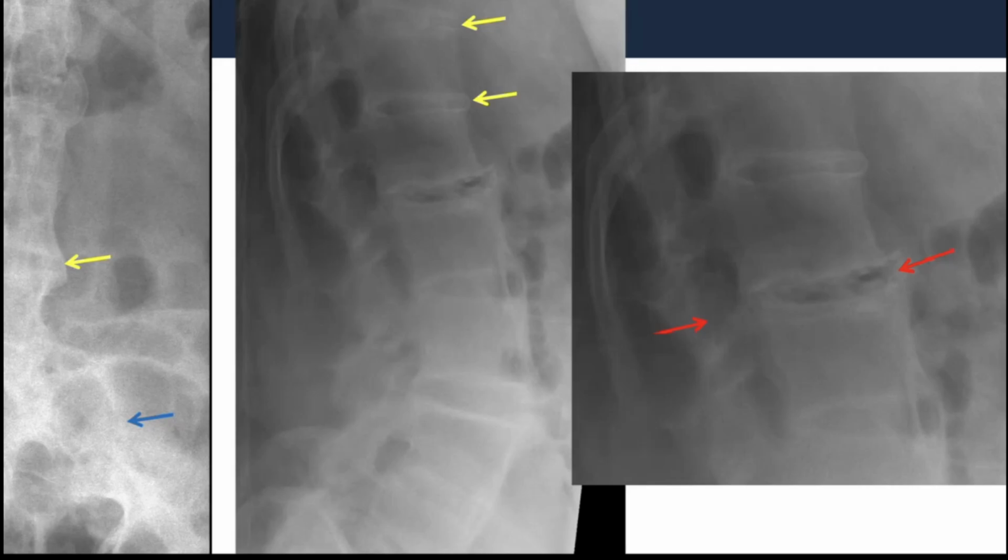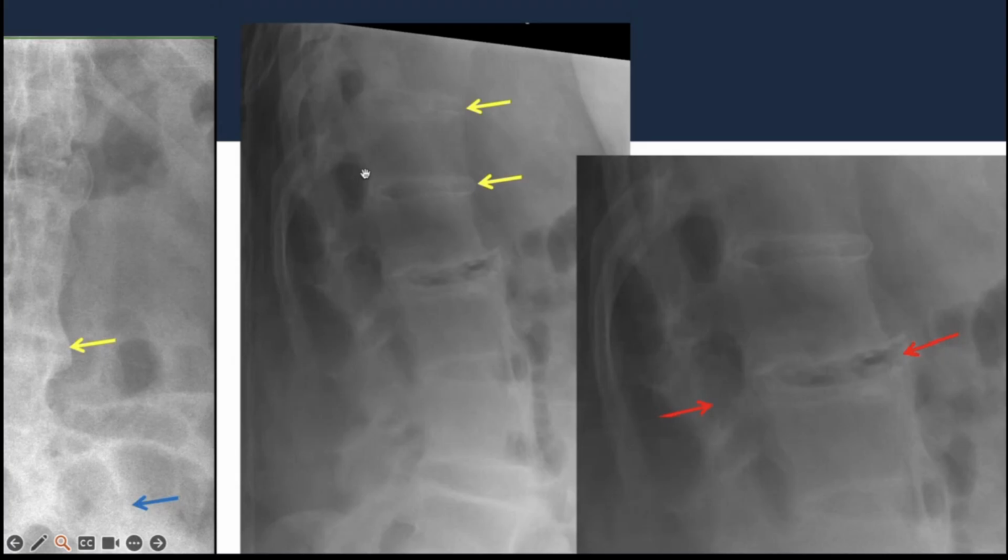And then with the yellow arrows, you can actually see that the discs themselves, you can see these very thin, slender, bony areas which are bridging the gap between the two vertebral bodies along the annulus fibrosus, which is the outer covering of the disc.